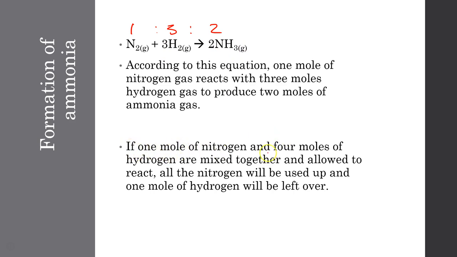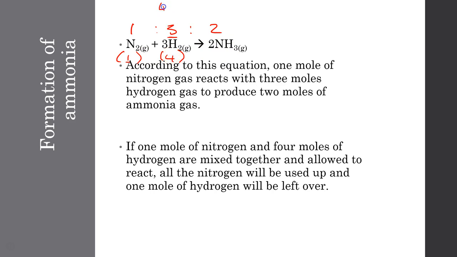We're told down here, if 1 mole of nitrogen and 4 moles of hydrogen are mixed together, so if I have an actual 1 and 4, we're asked how much will be used up and how much will be left over. Well, I have my 1 mole of nitrogen and I require only 3 moles of hydrogen to react with that.